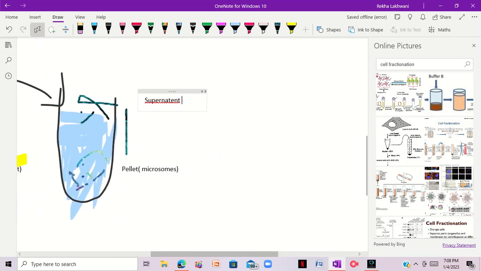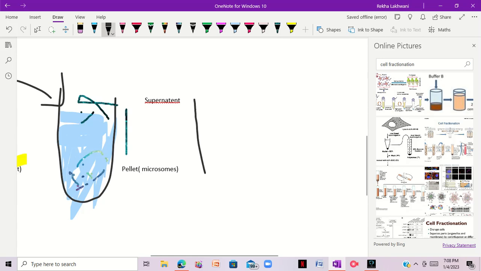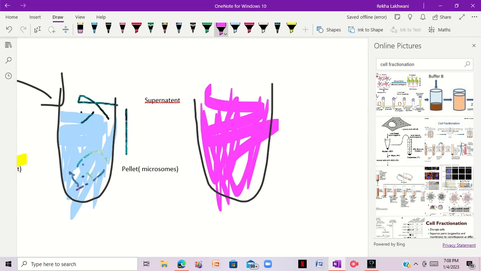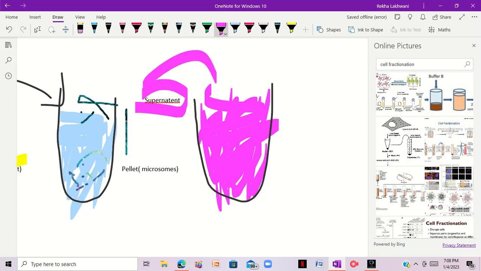Now we will take another tube. This is the last tube, and we will fill this again with the supernatant. Now what will happen?